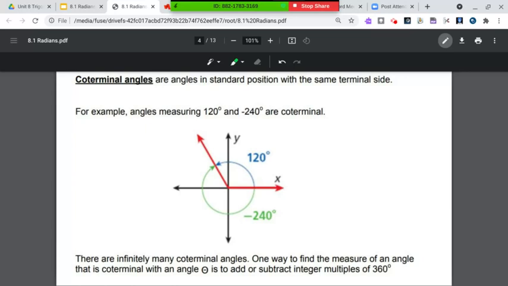So when you have an angle and you draw it in the coordinate plane, wherever it stops, you can add 360 to it and get another terminal side that lies with it, and do it again, and again. So coterminal angles are infinite, but we're going to work on finding one positive and one negative.